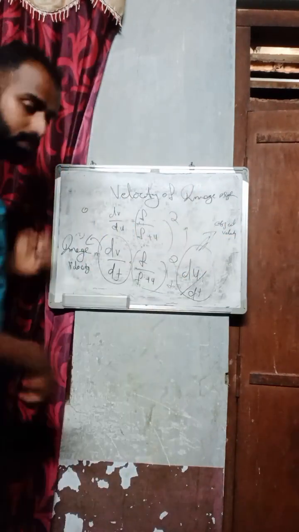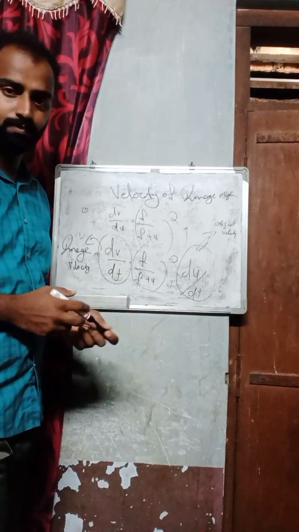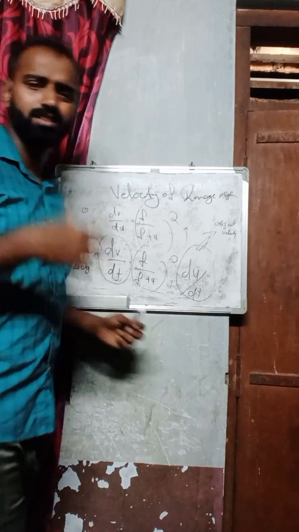This image velocity and object velocity are related by the constant F by F plus U the whole square. In a problem, you are given that the object is moving at this speed, then find the velocity of image, etc.